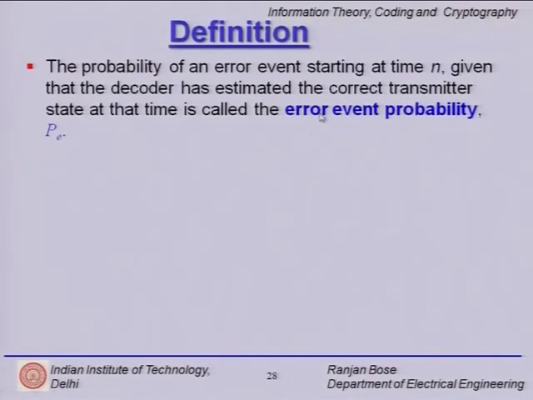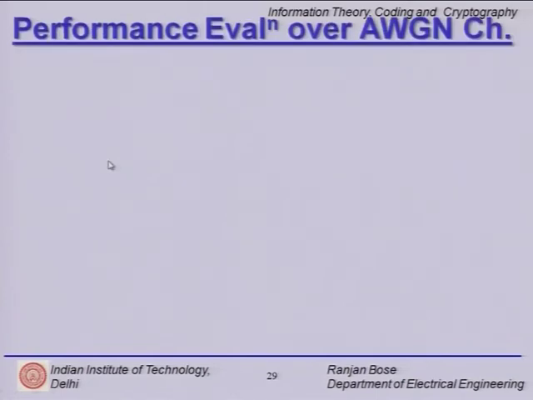So, the probability of an error event starting at time n, given that the decoder has estimated the correct transmitter state at that time, is called the error event probability P_e, and we will try to get an upper bound on this P_e.